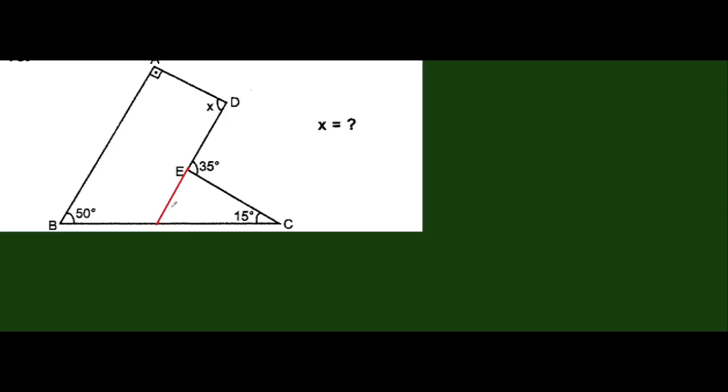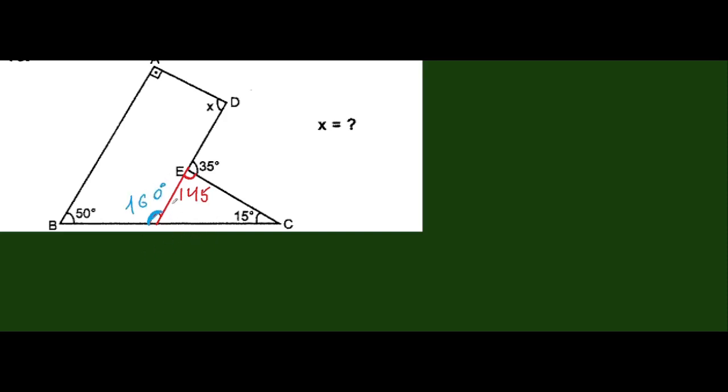If you don't need, you will just find out x. So from here, we can find out this angle. It will be 180 minus 35, it will be 145 degrees, and this angle will be equal to 15 plus 145, and this means it will equal 160.